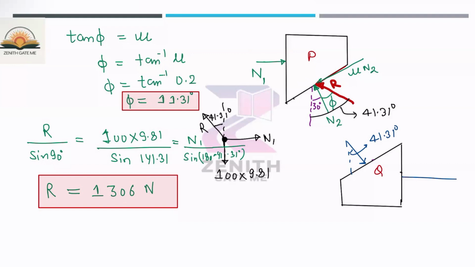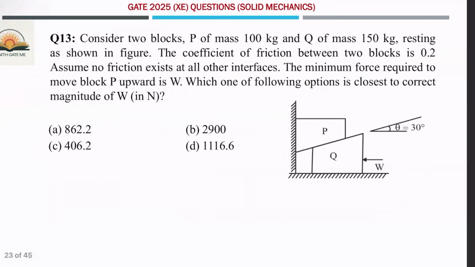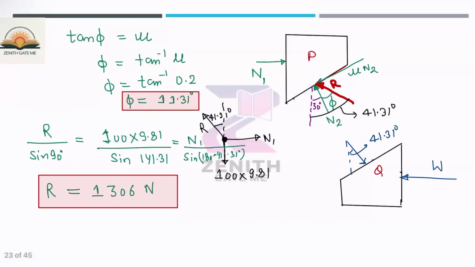Here, one force which you are applying is W. W is the minimum force which you are applying just to move the block P in the upward direction, and that you have to find out. What other forces will act? Another normal reaction will act here, that is N3, and the weight of this particular block is 150 into 9.81, that is 150 into g.